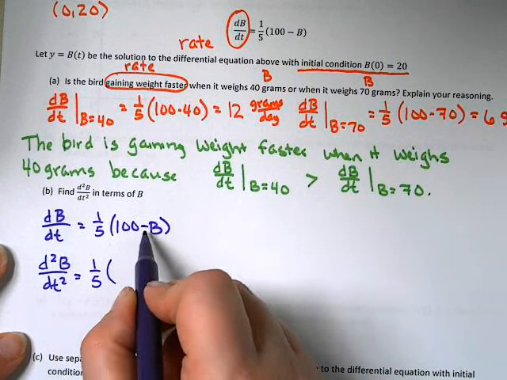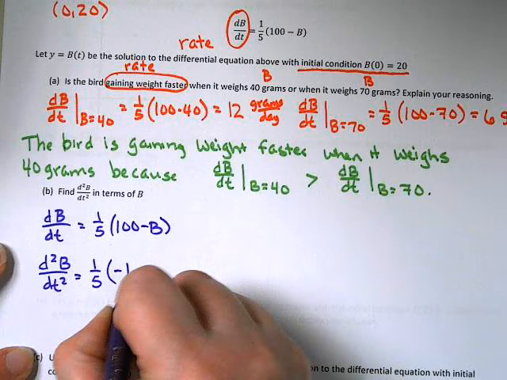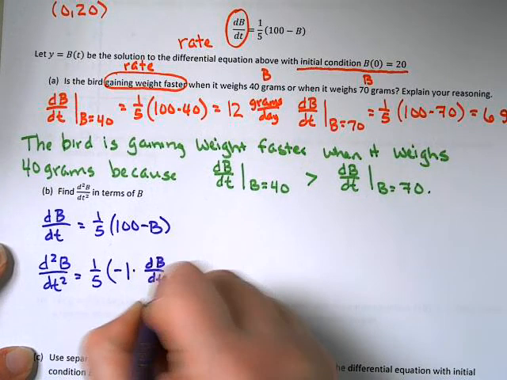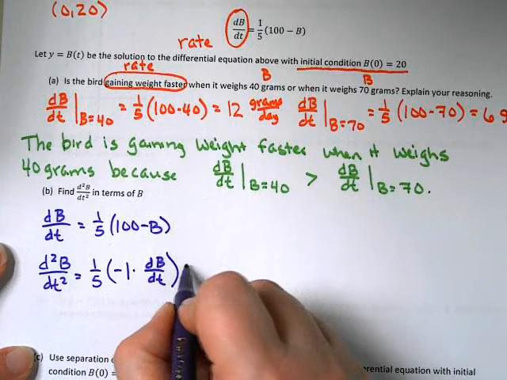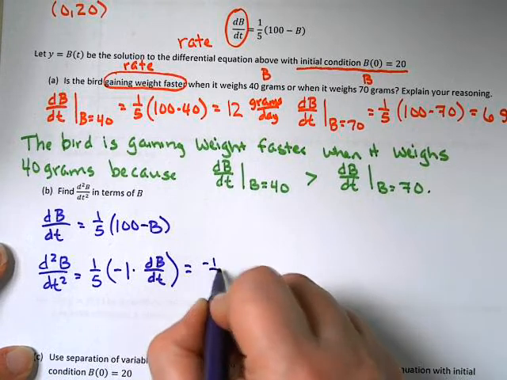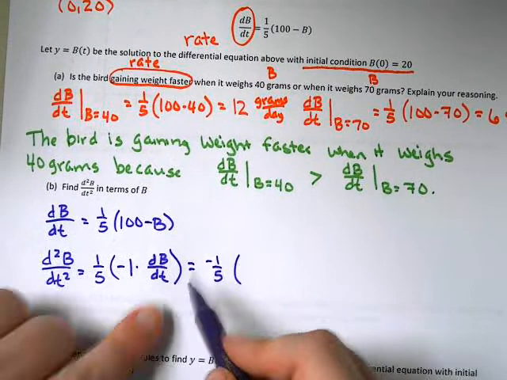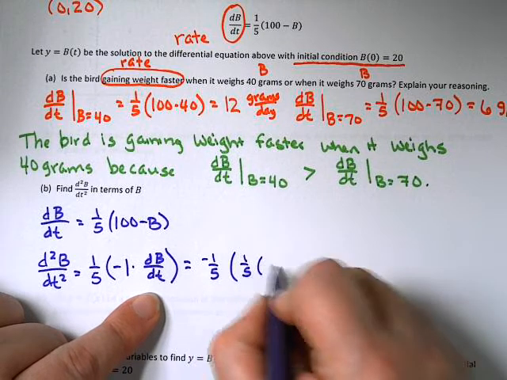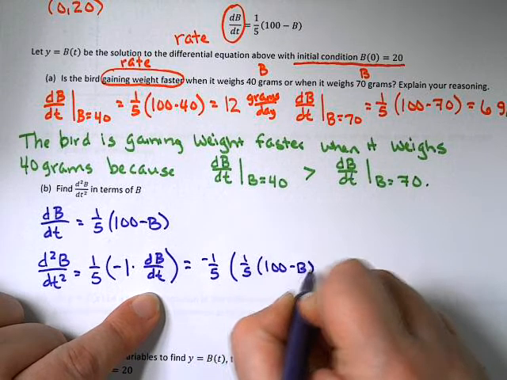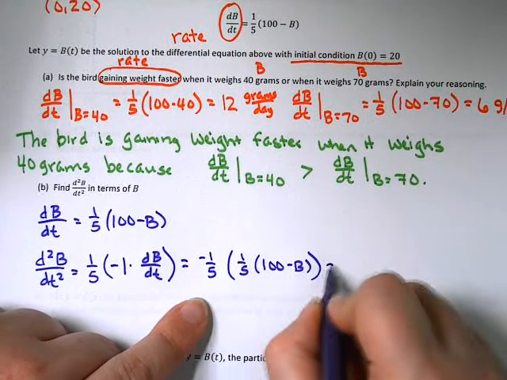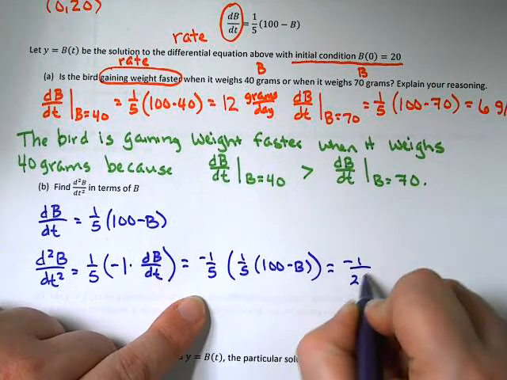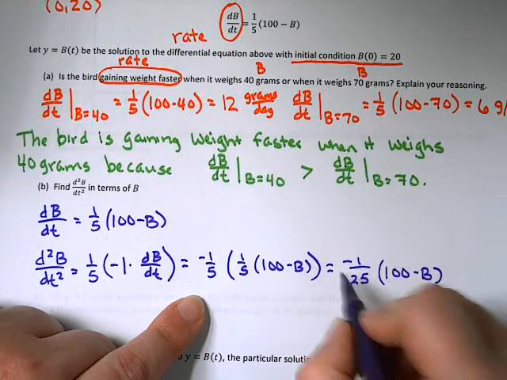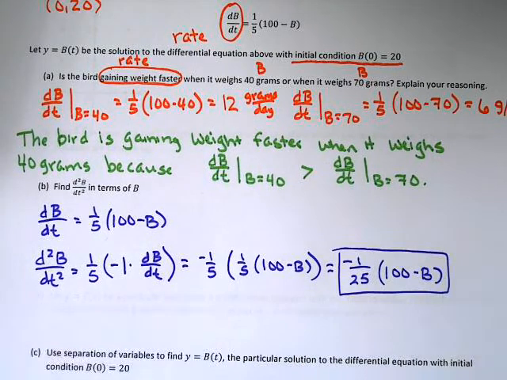The derivative of negative b would actually be a -1, and then we know it's times dB/dt, because we need to use that implicit differentiation again. So this really becomes -1/5, and then we need to substitute in the dB/dt again, which is 1/5 of 100 minus b, and then we can just multiply those 1/5 together. So it becomes a negative 1 over 25 times 100 minus b. That would be our second derivative here for the birds.